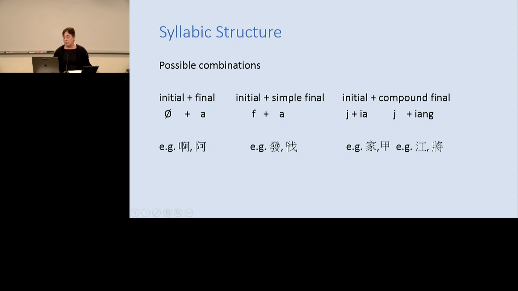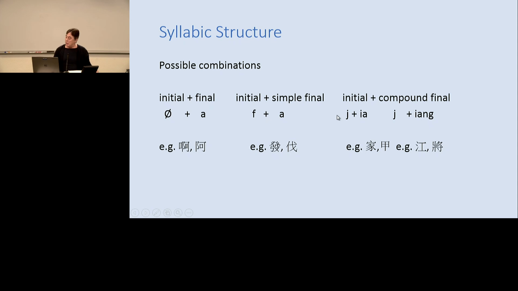So, for example, this character corresponds to fa, pronounced with the first tone, fā, and that's this character. Then we could have with a second tone, a sound that corresponds to this second character right here. And that would be pronounced fá.